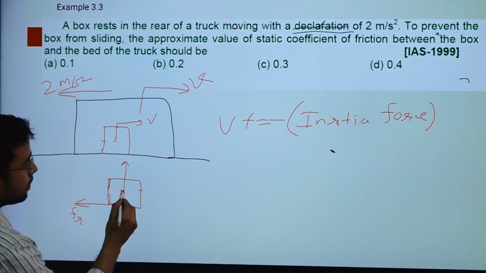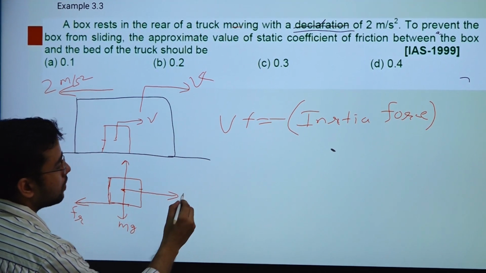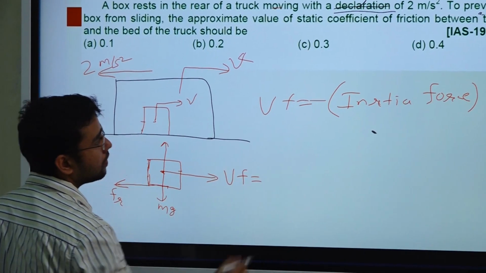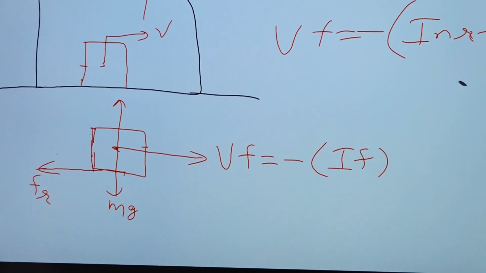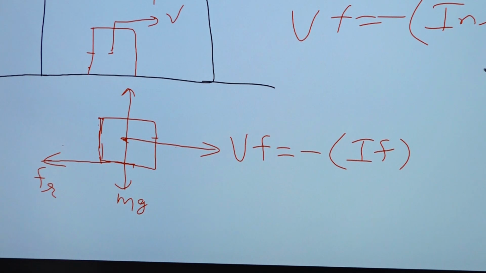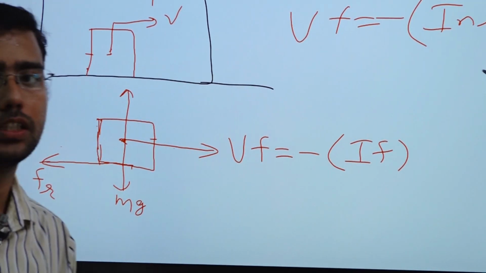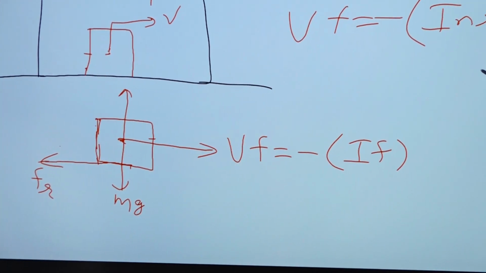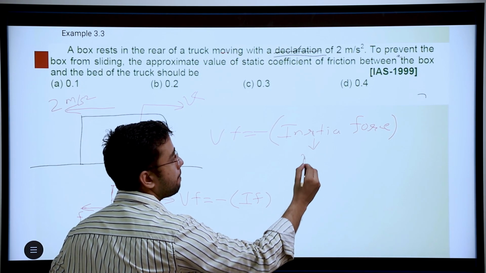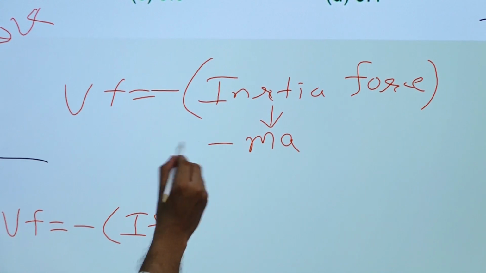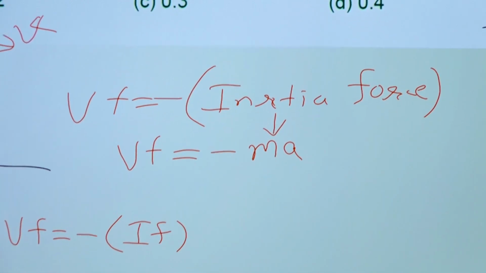So here we have this virtual force Vf, which is equal to minus of inertia force. And what is the inertia force? From Newton's second law, inertia force is nothing but mass into acceleration of the body, right? So inertia force is ma, so virtual force will be minus ma.